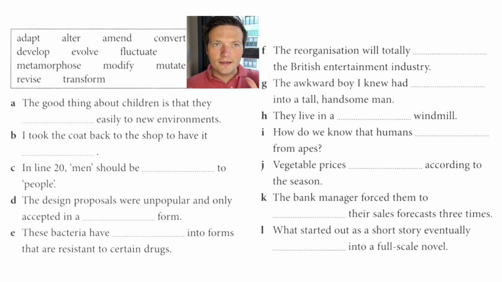I haven't checked the answers, so forgive me for any mistakes that I make, but hopefully that will help you not make the same errors in future. What we've got here is, as I said, a box with several verbs that all kind of mean change. They all signify some kind of change, but we would use one or the other depending on the context.